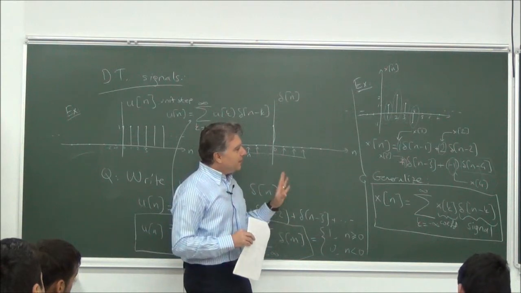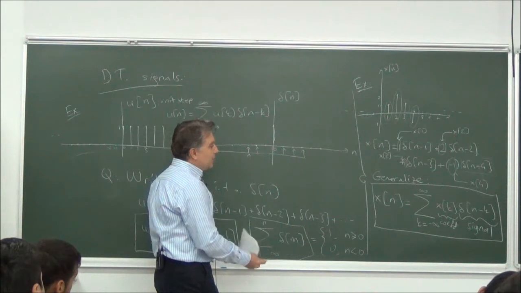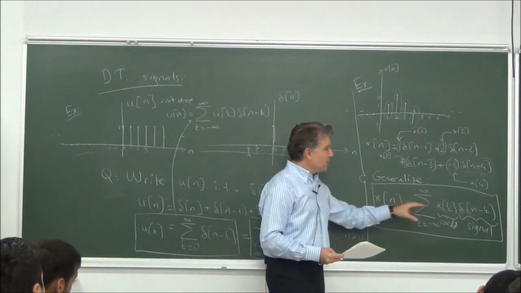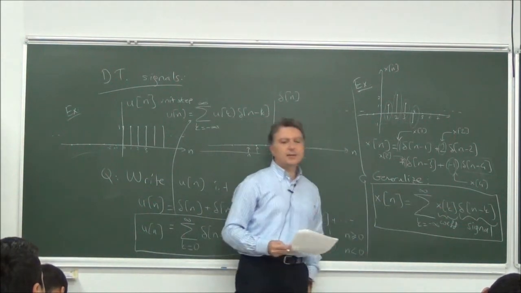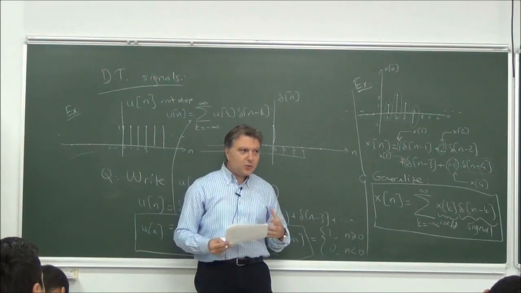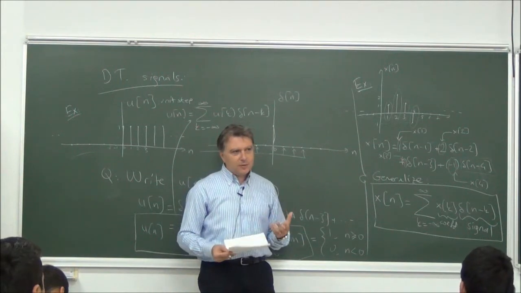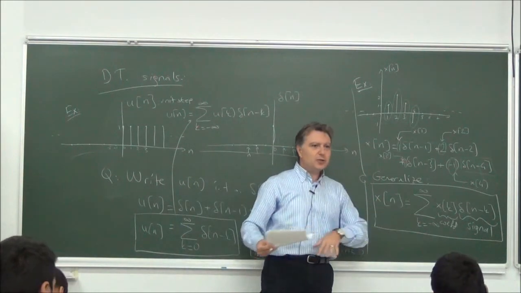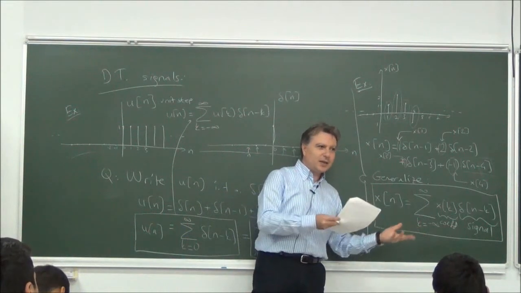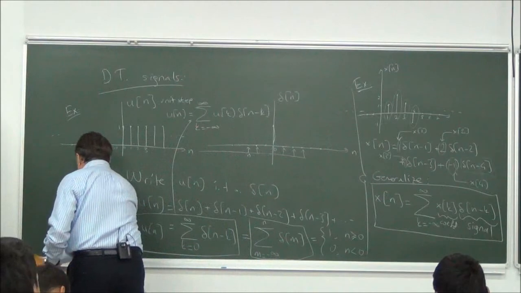Now we found a very fundamental observation: we are able to write any x of n in terms of shifted and scaled impulses. For continuous time, the situation will be somewhat similar, but it is more involved because the summations are usually transferred into integrations.